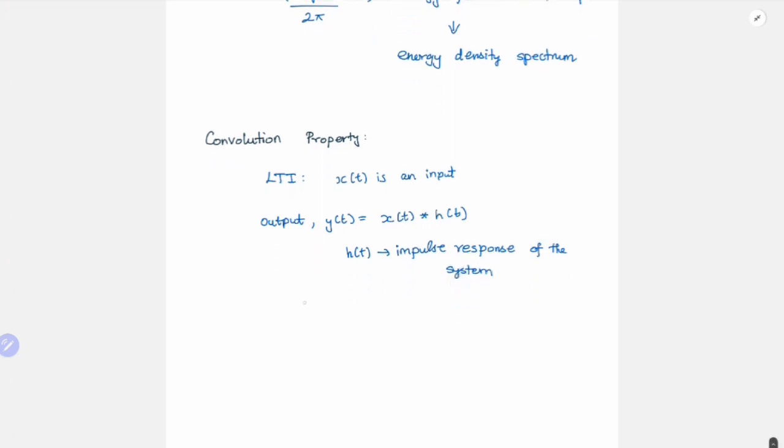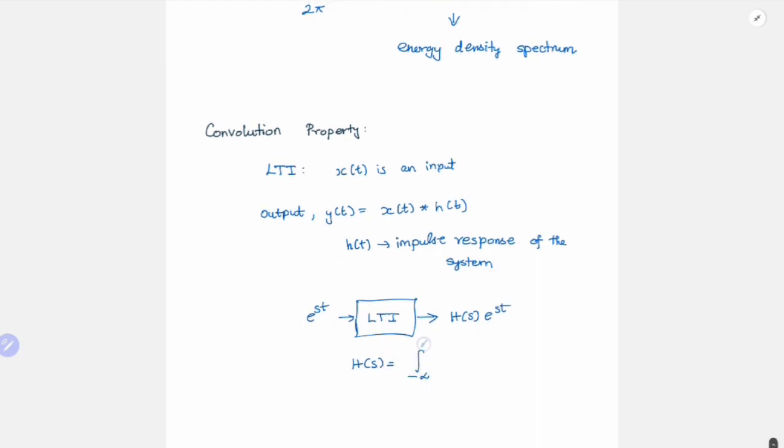And also we saw that for an LTI system, if the input is e power st, a complex exponential, then the output is nothing but some H of s into e power st. And what was this H of s? It was nothing but integral minus infinity to infinity h of t e power minus st dt, right?